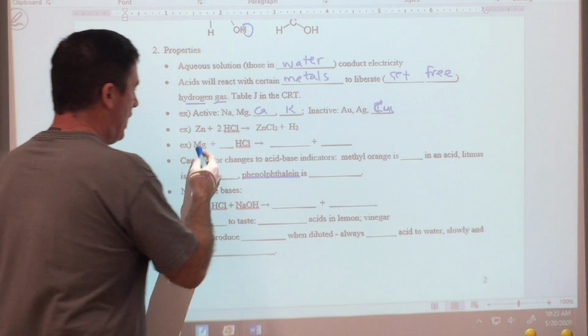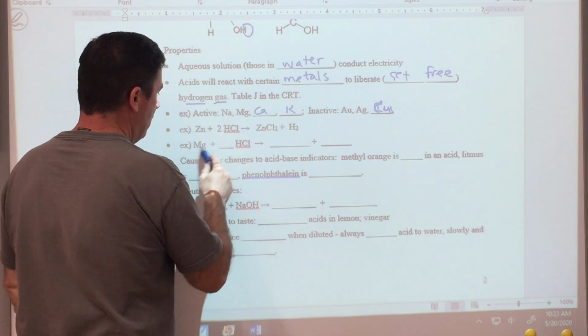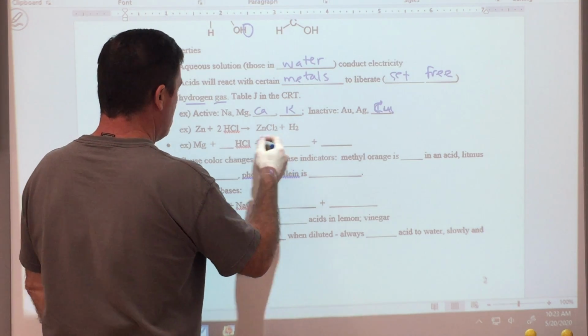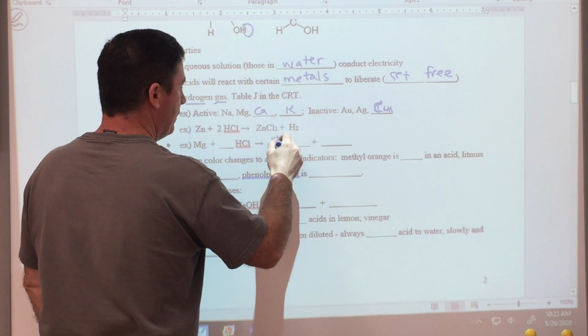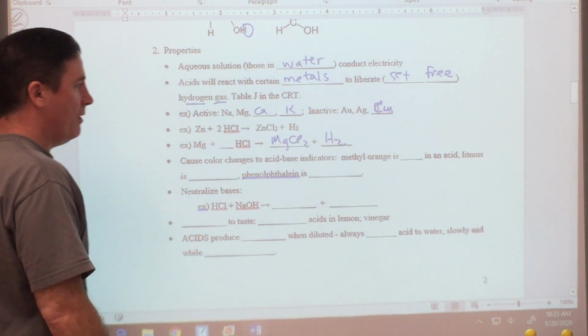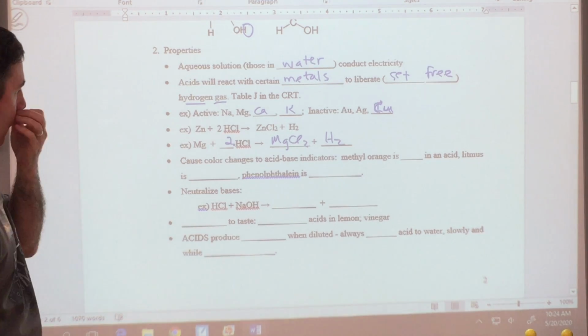So if I mix a metal with an acid, if it's more active than the hydrogen, it will release hydrogen gas. Then I would just have to balance this. That's a 2.